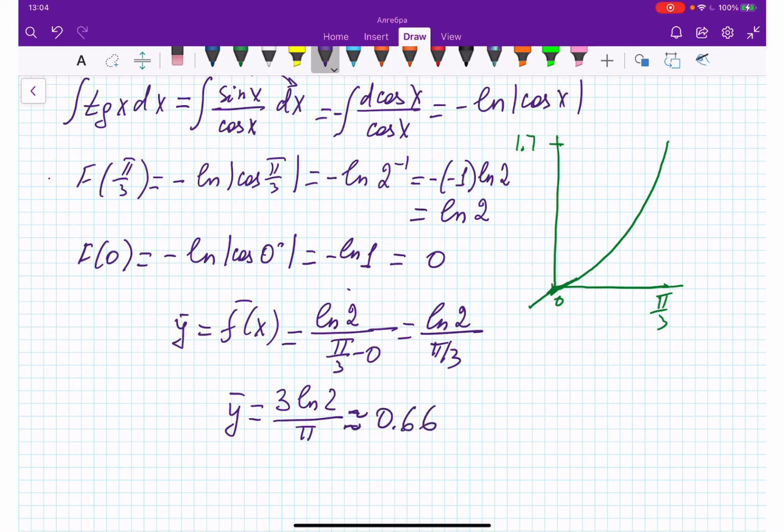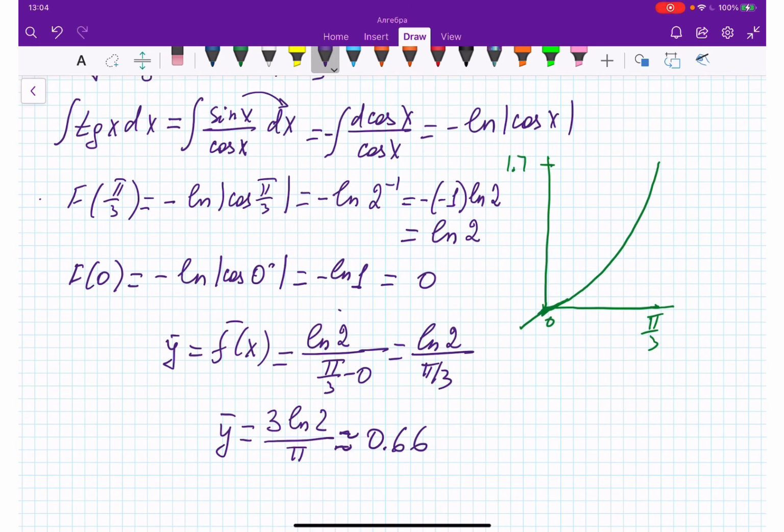0.66. So as you can see, our approximate calculation was 0.85, which is half of 1.7, but here it's much lower, 0.66, so it doesn't work. Visually we cannot always figure out how much it's going to be.